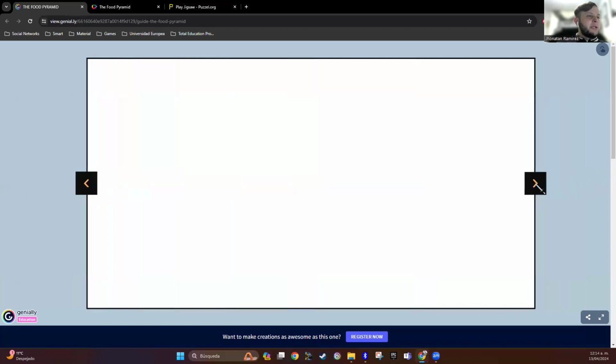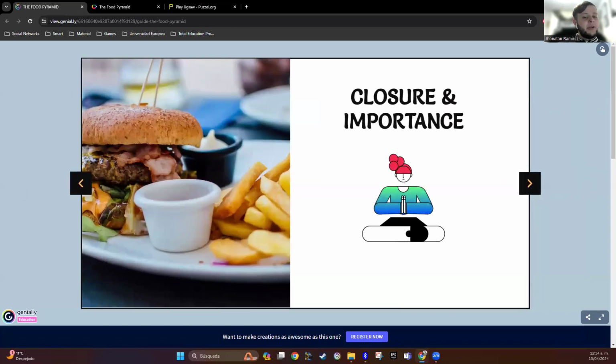And of course, at the end of the class, remember that it's really important to talk about the culture. In the closure, we have to give feedback. The idea is that we point out the advantages and disadvantages that students had during the implementation of that lesson plan.